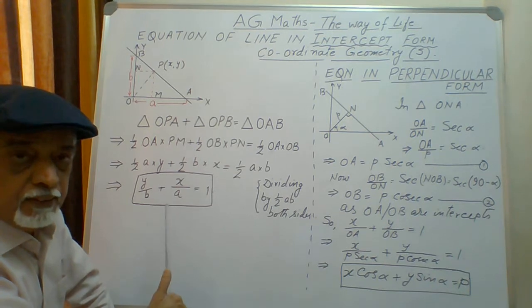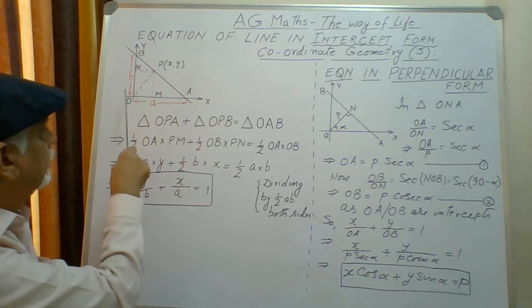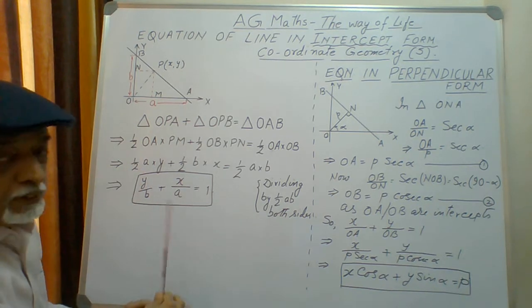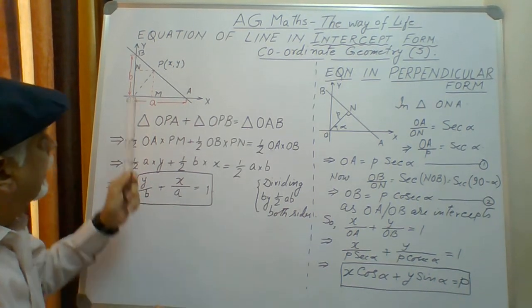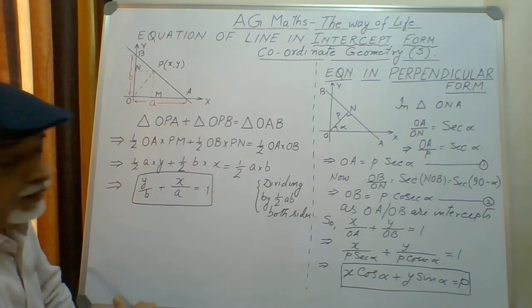We name it as equal to small a. Similarly, the y-intercept is on the y-axis by the line at the point B. So the distance from O to B measures as small b.